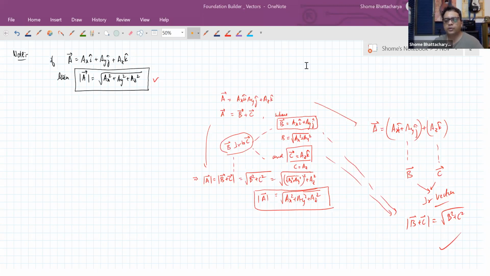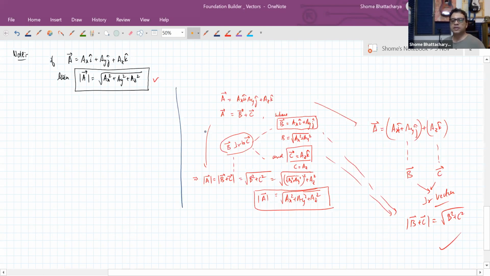No, it's the formula which is important for you. At the end of the day, it's only the formula which is important. This part is just for you to understand. It's this formula which is important.